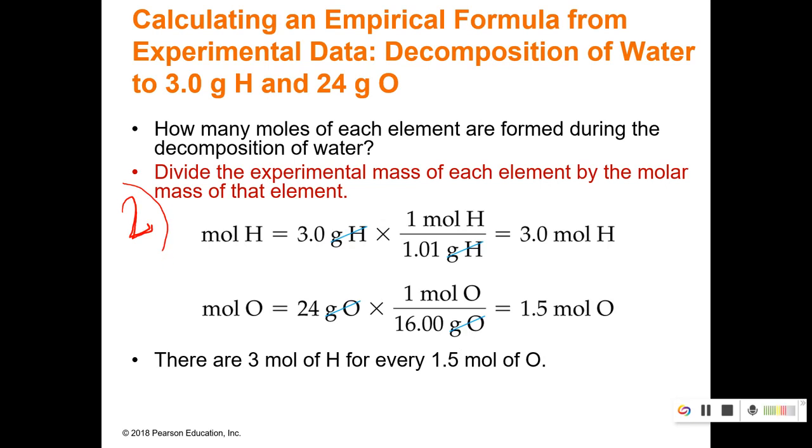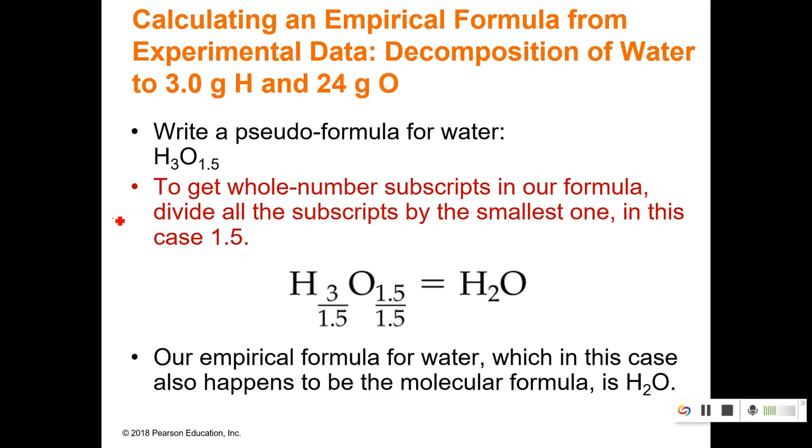We're going to divide our masses by the molar mass to get moles. When we do this here, we get 3 moles of hydrogen for every 1.5 moles of oxygen. Step 3 is to divide by the smallest. Divide all of them by the smallest, and this is so we get a whole number.